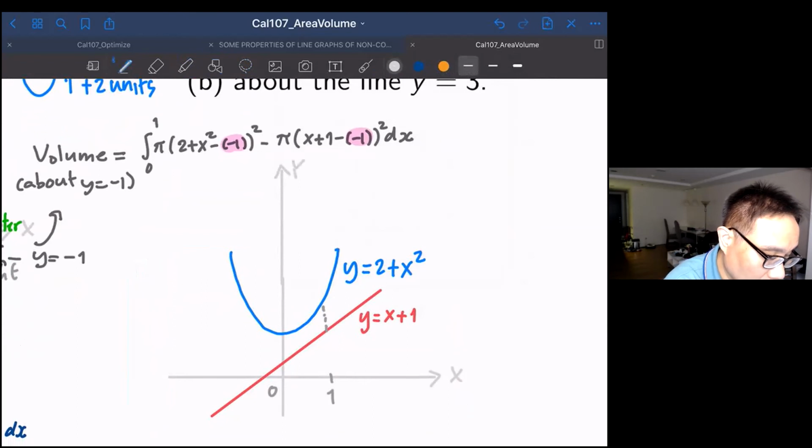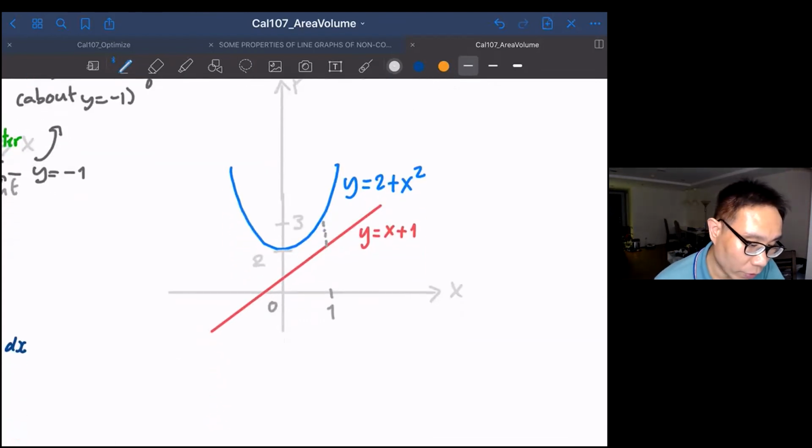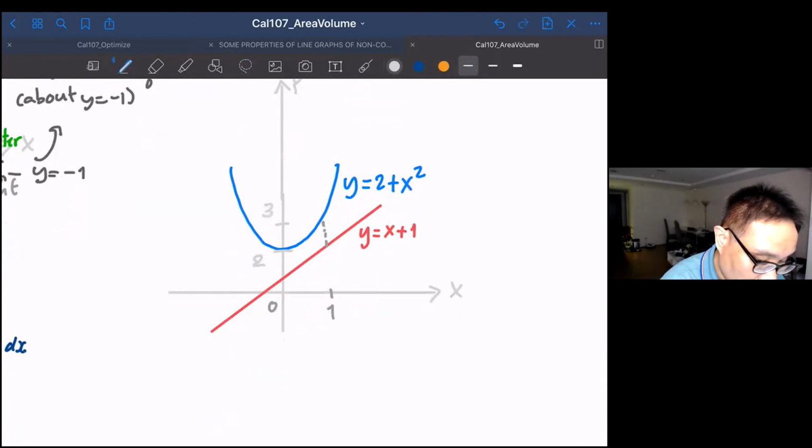Okay, and you see this is my 1, this is my 2, right? This is my 2, and my 3 is here. So you have 2 up there, and you have 3. So you're going to rotate this region. So you rotate this region like this.